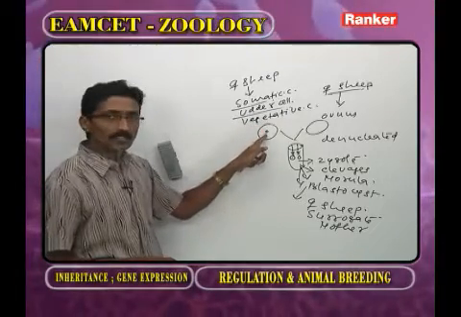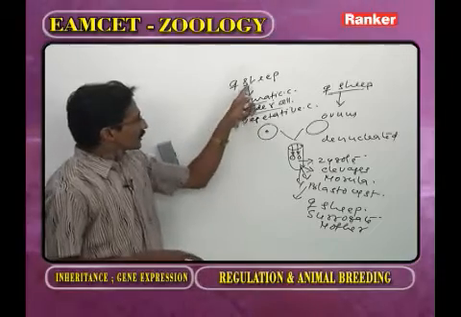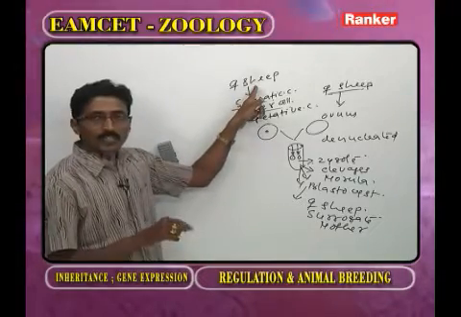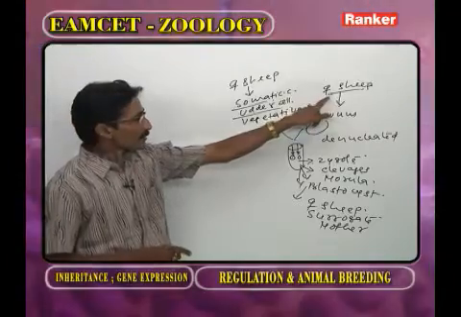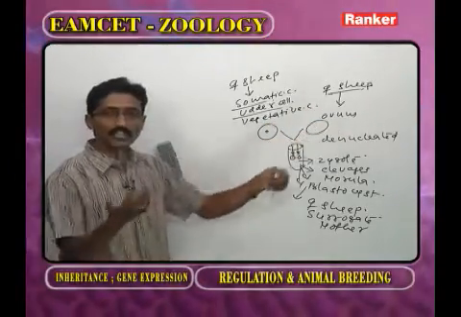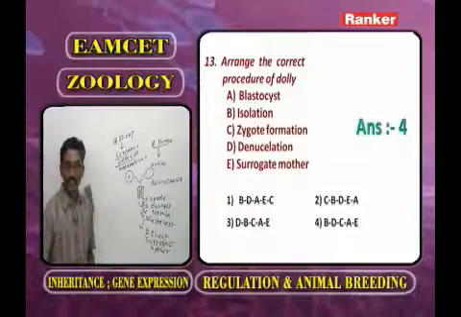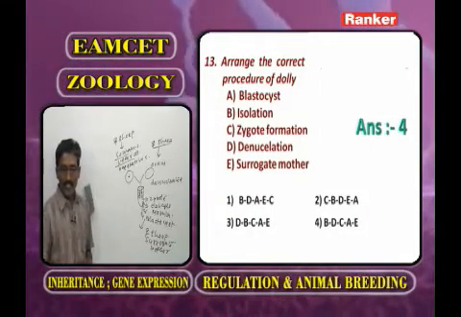In this vegetative cell, what is present? The nucleus. So Dolly resembles the female sheep which has given the vegetative cell, but not this female sheep, because from this female sheep he has taken the ovum, but from this ovum what is removed? The nucleus is removed.